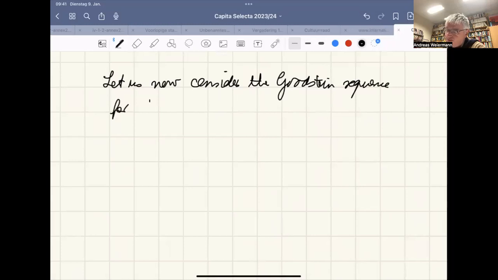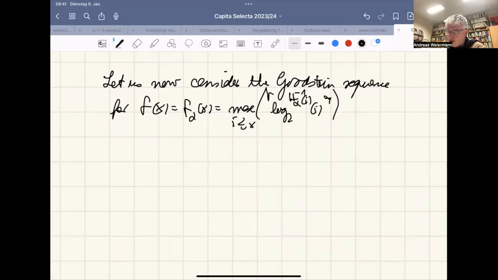The function f of x is the function f alpha of x, which is the maximum taken over I less than or equal to x of log 2 of h alpha inverse of I, where this is rounded to a natural number. Doesn't matter that much. Okay. Now consider the Goodstein sequence.